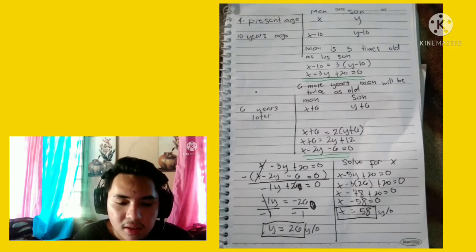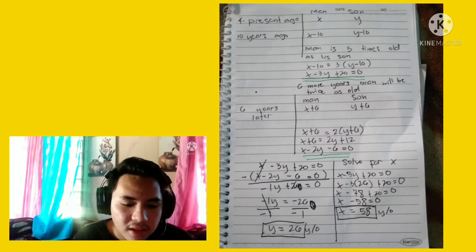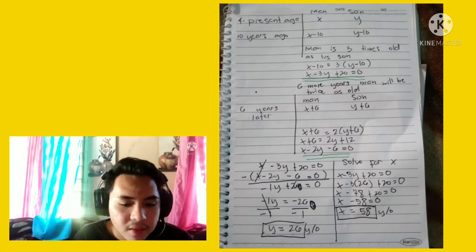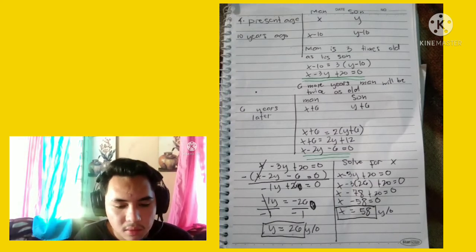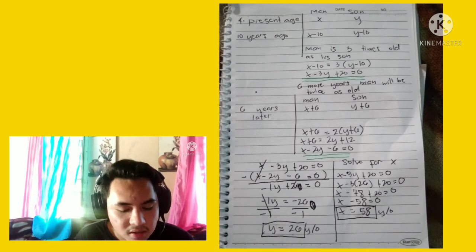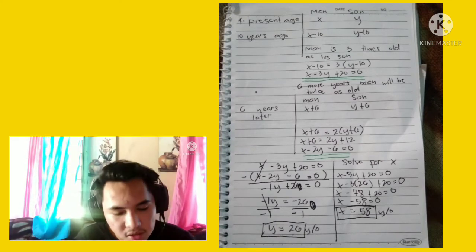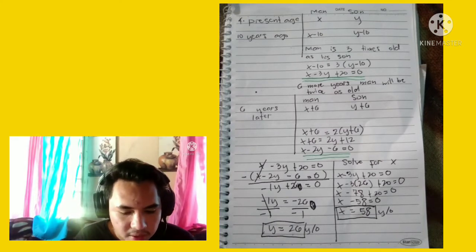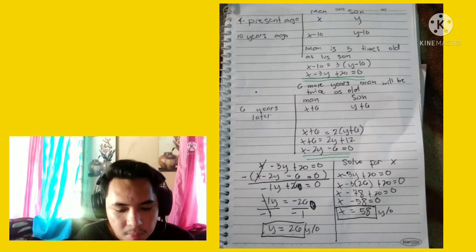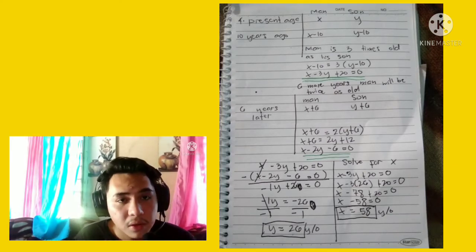So the age of the man is x minus 10 equals 3, because 3 times as old as his son, times the age of his son, which is y minus 10. So we will get x minus 3y plus 20 equals 0. So we have now our first equation.